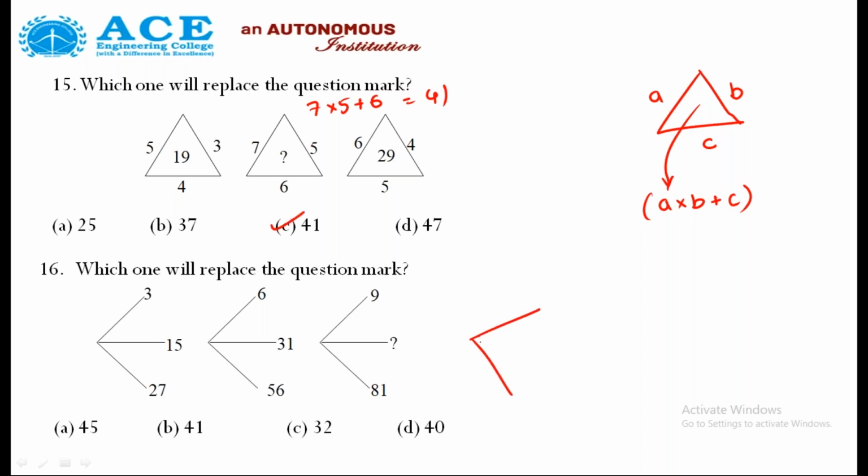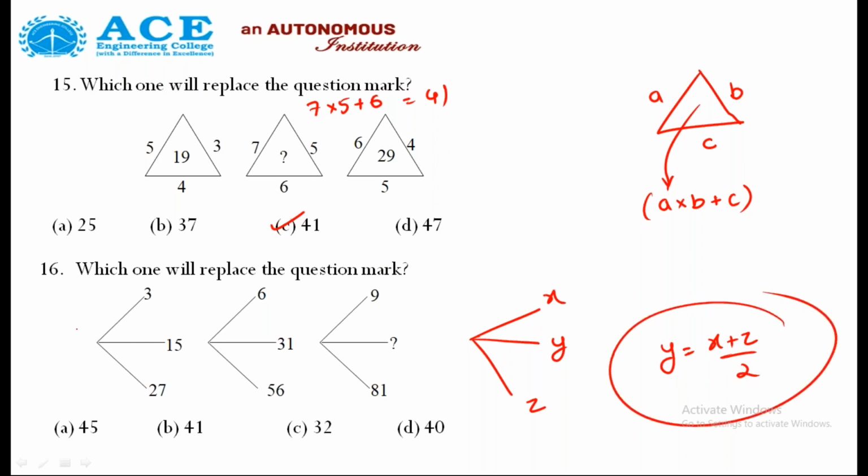Whereas here, X, Y and Z. If you want to find what is the Y value, check the logic. Think from your end, pause the video, try it from your end, then resume the video. Y is X plus Z divided by 2.